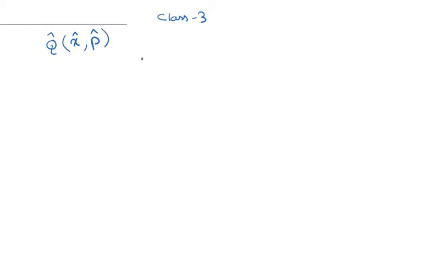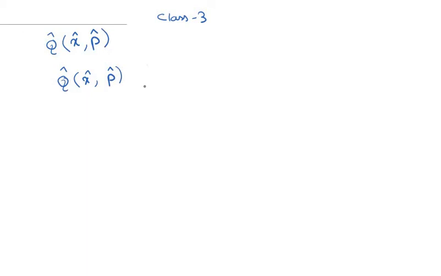Now let us say that q acts on a wave function, or q acts on a function which we call gamma, or gamma(x), because we are dealing with mainly the spatial functions now.